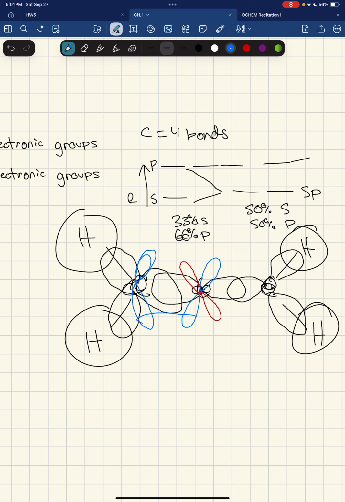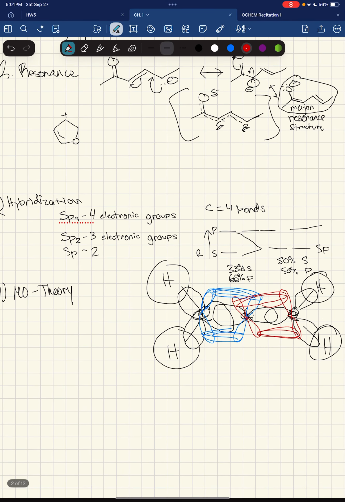And it's going to form that pi bond, that double bond right there. And then this carbon, because it can only form a double bond with this leftover red p orbital of the central carbon, is going to have that y p orbital kind of look like that. So I don't know if that makes any sense 3D wise, but that's kind of how I imagine you want to draw the 3D representation of carbons with different hybridizations.